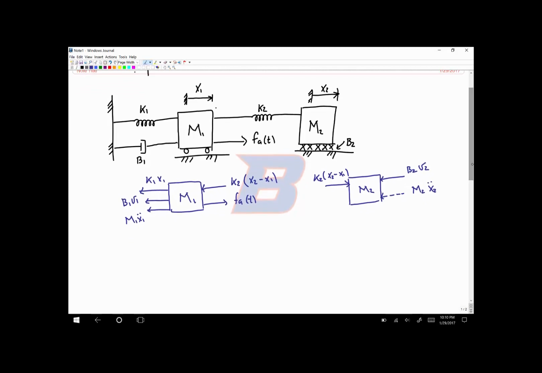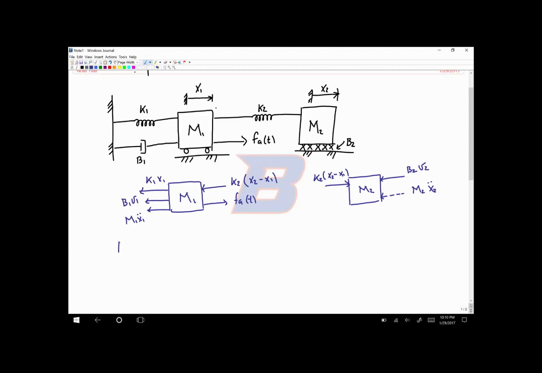Now I need to get equations for these guys. So what I like to do is keep my higher order differential positive on the left-hand side. So I'm going to take all the forces going to the left as positive, and I'm going to equate them to the ones going to the right.